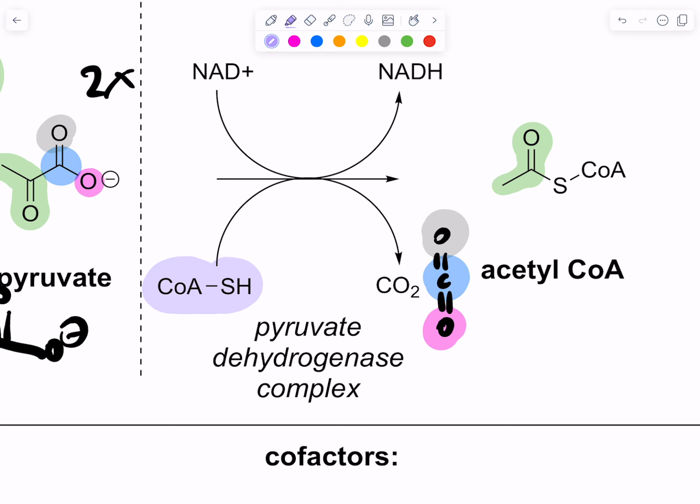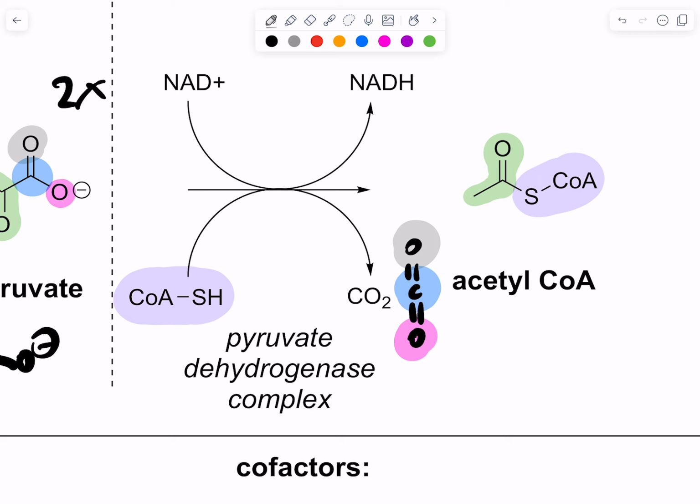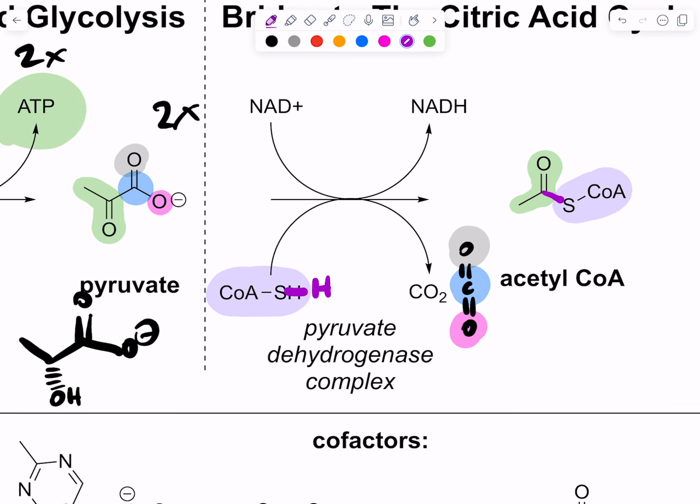Coenzyme A thiol is the nucleophile. It loses a proton. The electrons in this bond between the carbonyl carbon and the thiol come from the bond between hydrogen and sulfur. I should have drawn it out. I didn't here. I'll just draw it like that. So in effect, if you look at the electrons in this bond between the green carbon and the blue carbon, they're not there in the product. They have to go somewhere.